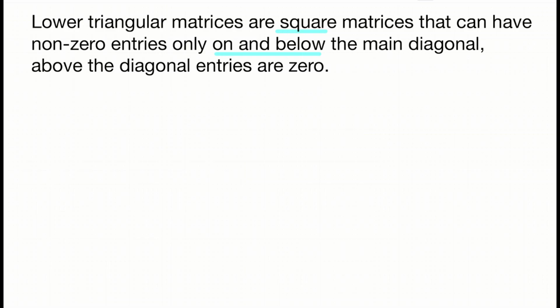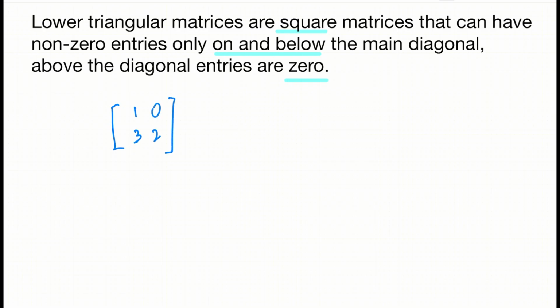The lower triangular matrices are square matrices that can have non-zero entries only on and below the main diagonal. Above the diagonal, the entries are 0. So it's very similar to what we just did, except things are just going to be flipped about the diagonal. Let's look at a 2 by 2 example. 1, 0, 3, 2.